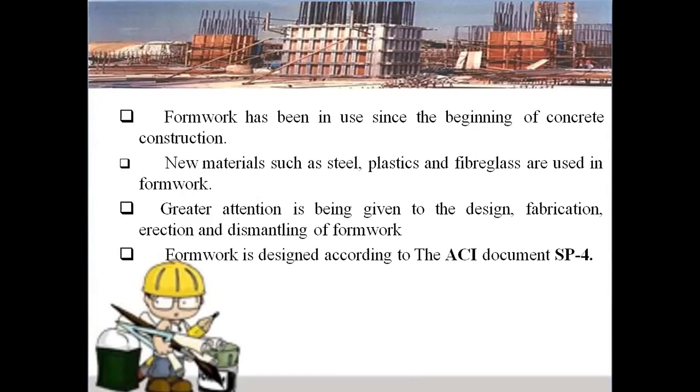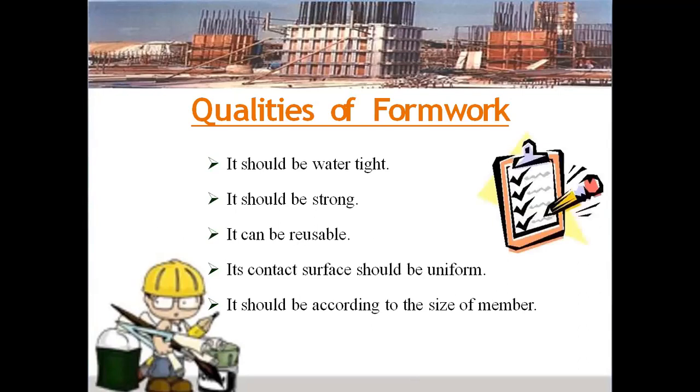Formwork is designed according to the ACI document SP4. The major qualities required are that it should be watertight and strong, it can be reusable, its contact surface should be uniform without any undulations, and it should match the size of the member.